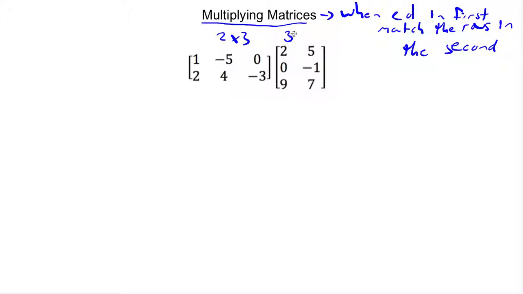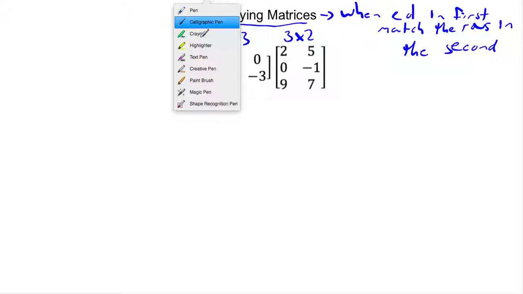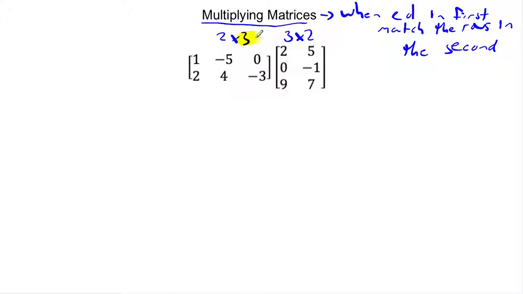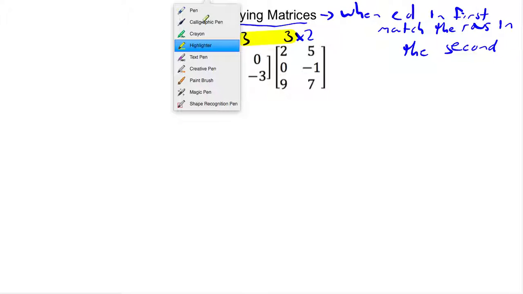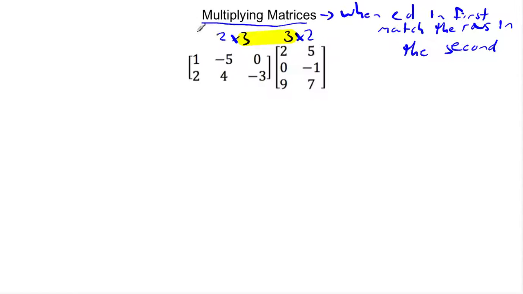This second matrix is a 3 by 2 matrix. So if I look at the columns in the first and the rows in the second, they are the same value. So that means I can multiply them. Now if this were a 1 by 4 times a 3 by 2, I couldn't because these values wouldn't be matching. Also looking ahead, we can see that these two outside numbers are the same. These two outside numbers are going to be the dimensions of the new matrix.